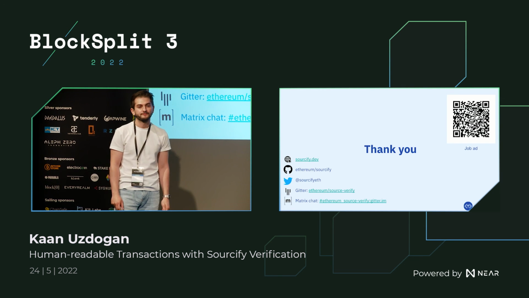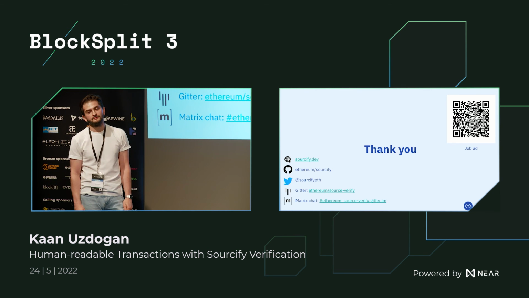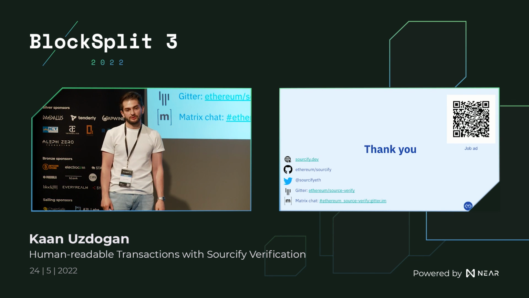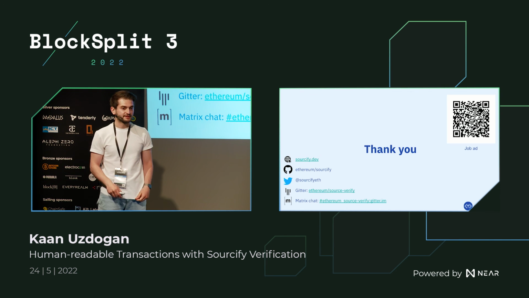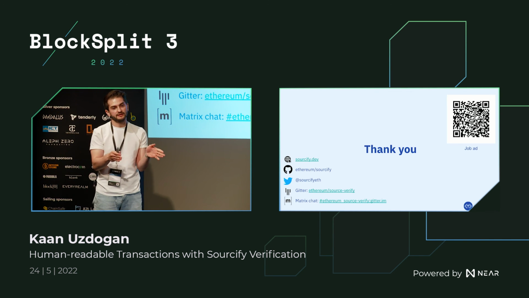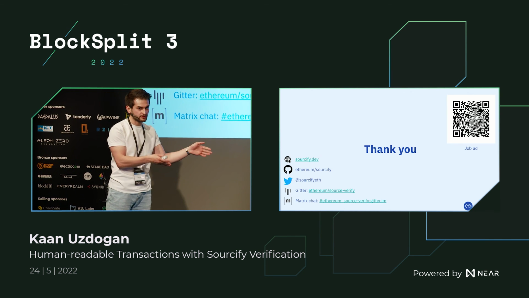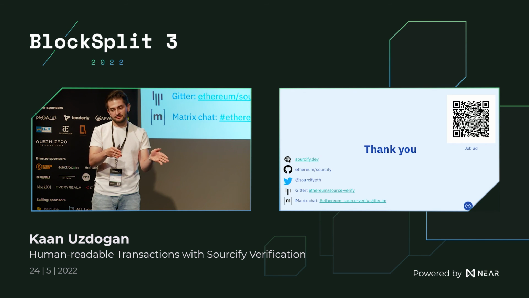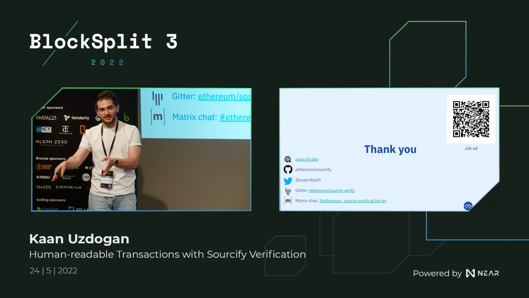Thank you. So are there any issues regarding the visibility of the source code when you're working with proxies or daemons, for example? Yeah, so right now we don't have proxy support. I know, for example, Etherscan has. You can separately verify the proxy contract and the child contract as well.